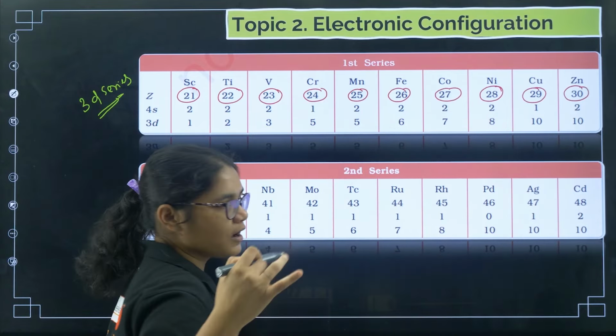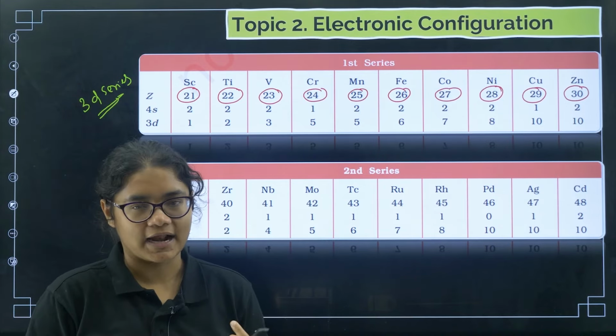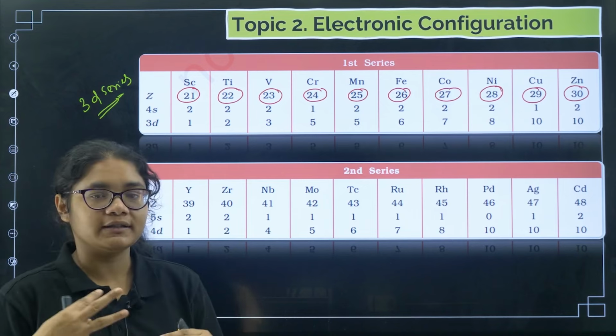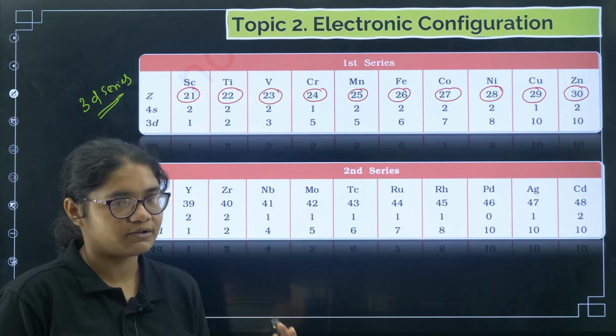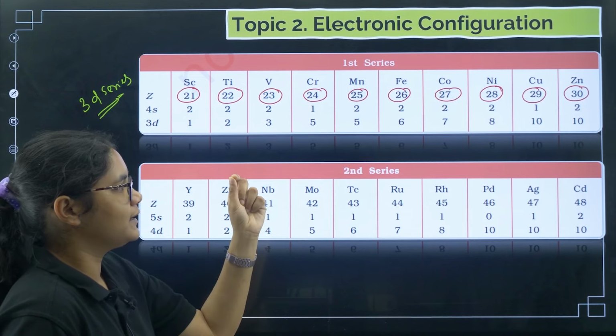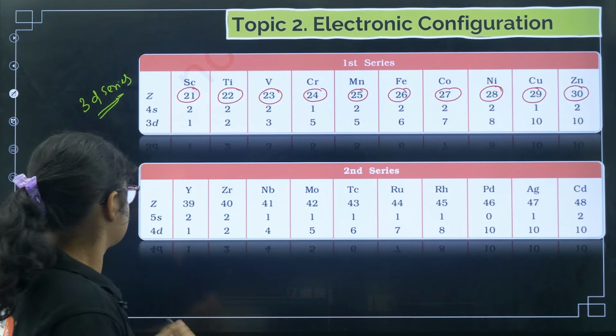I'll tell you a trick to remember. First remember the atomic numbers: 21 is scandium, 22 is titanium, 23 is vanadium, 24 is chromium, 25 is manganese, 26 is iron, 27 cobalt, 28 nickel, 29 copper, 30 is zinc. First you have to remember this.